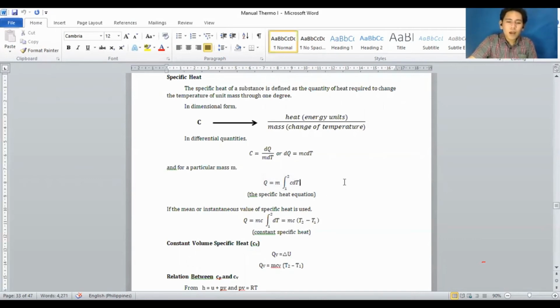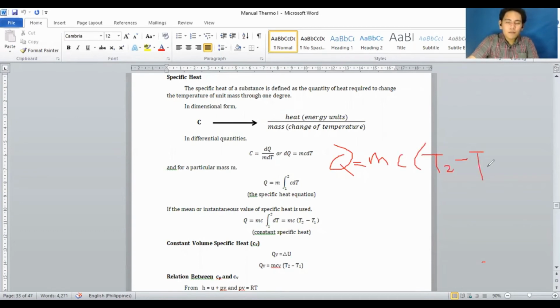Now, if we simplify this equation, upon simplifying, your Q will become MC (T2 minus T1).